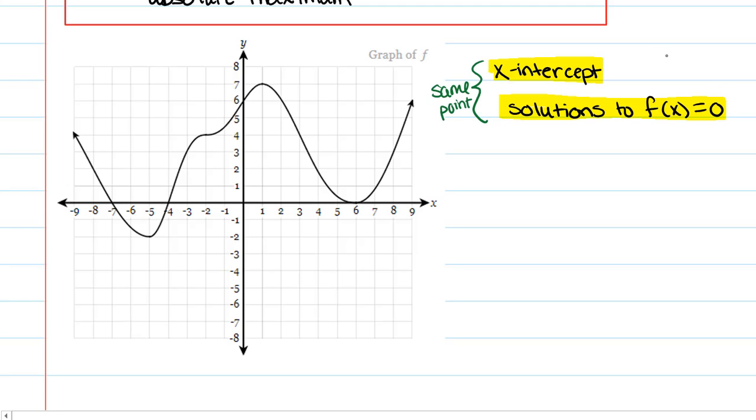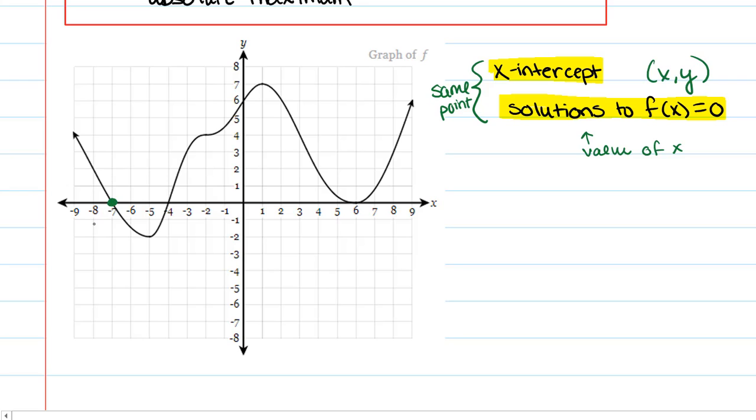Typically, we would write the x-intercept as an ordered pair, whereas the solutions to f of x equals 0, you're just going to write the value of x. So that's really just the difference between those two, how you write them. So we have a couple x-intercepts on here. So I see -7. It's called the intercept because it intercepts the x-axis.